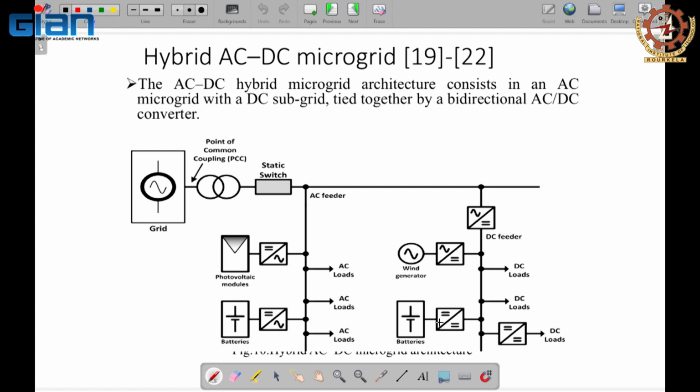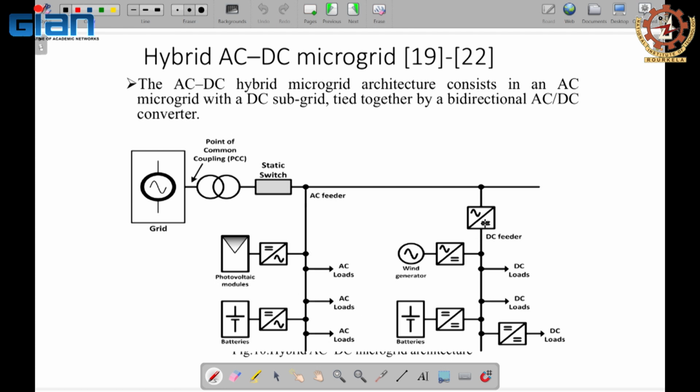In this case, we can have one main feeder which is AC, and then we can have separate feeders for AC and DC. So, for example, if we have most of our AC load, it will be connected to the AC microgrid.